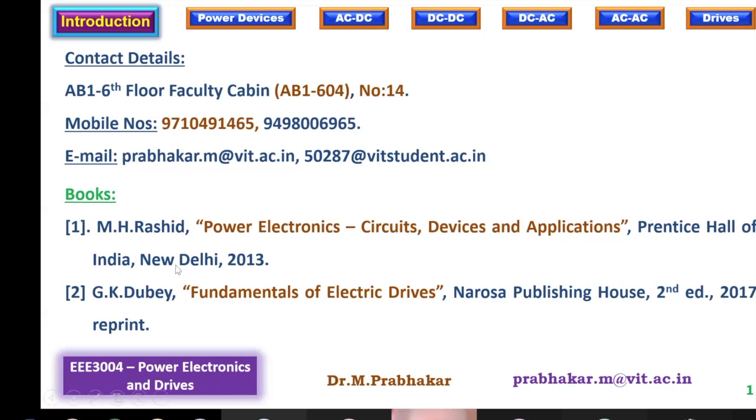The Rashid e-book is available, and I'll share it on Google Drive. The G.K. Dubey book, I haven't downloaded the e-book yet. It used to be in our library as a hard copy, but I'll try to find the e-copy. If I get it, I'll share it. If not, I'll share any other substitute. So that's about the textbook part and the contact details.